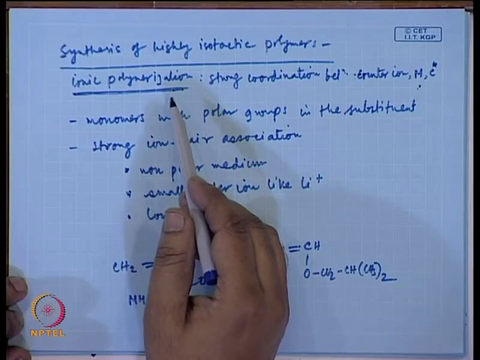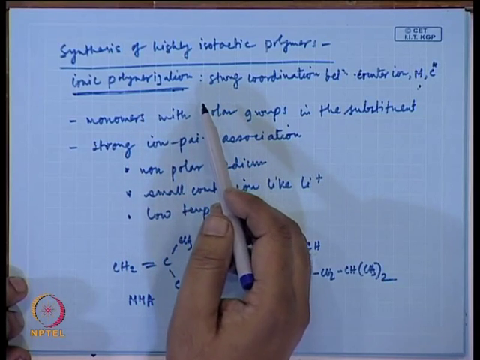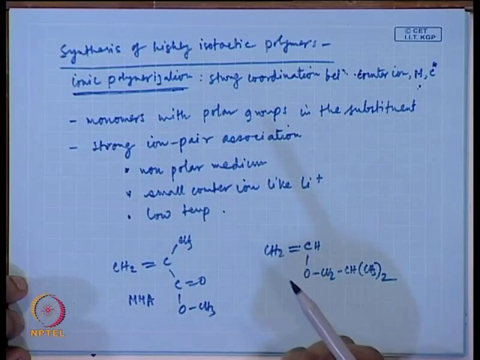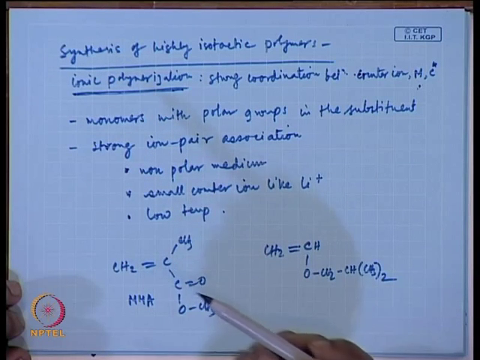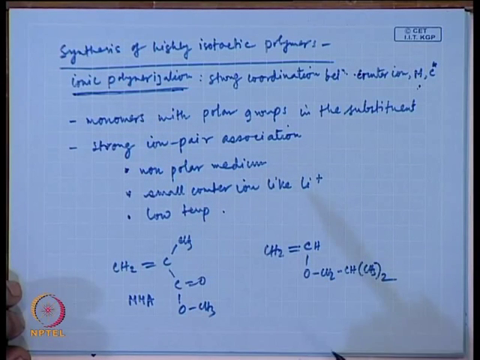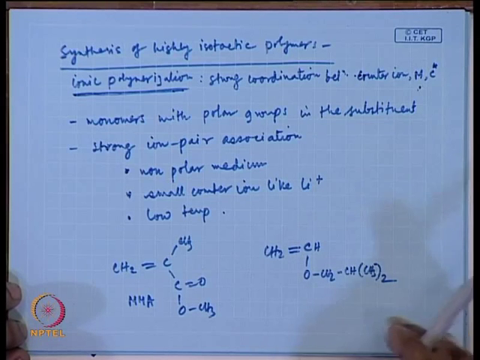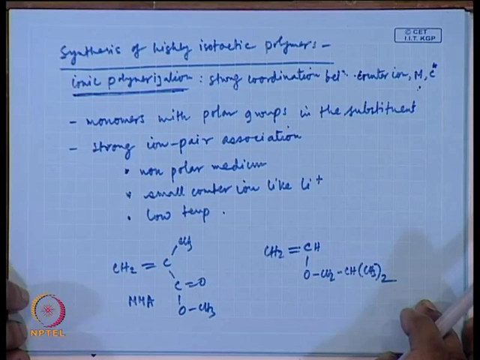So, if we carry out an ionic polymerization where we have a strong coordination between the counter ion with the cationic or anionic chain end and the incoming monomer, then the approach will always be from the same side. So, we will get an isotactic polymerization.